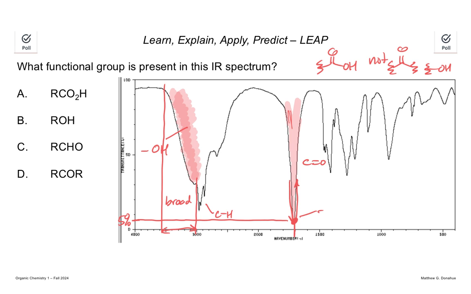And then again, this one would be sharp. So visually, that's what you're looking for. If you ran 20 different carboxylic acids, they're all pretty much going to look like that. So this would be A.